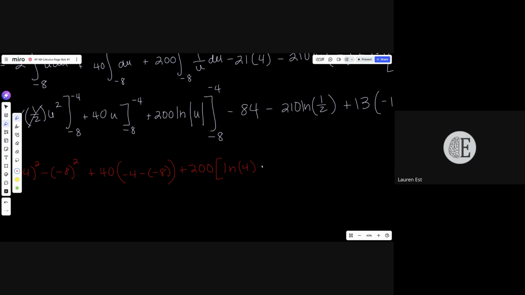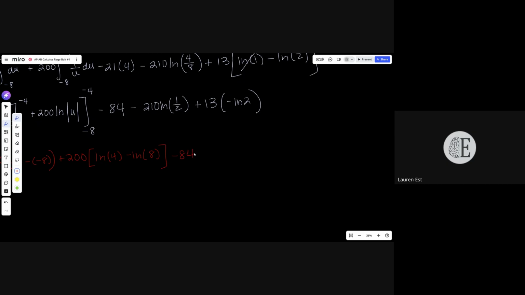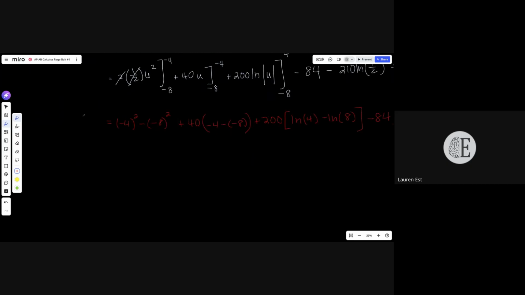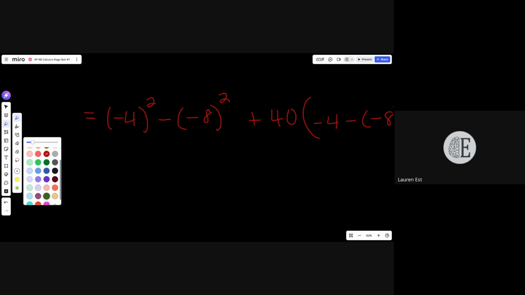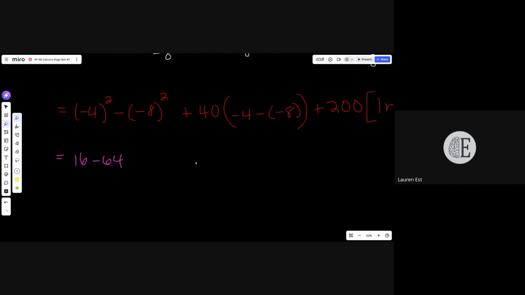So this is going to be ln of 4 minus ln of 8. So it'd be 4 minus 210 ln of 1 minus ln of 2. I'm not kidding. I actually did this. -4 squared is positive 16. This is minus 64. -4 plus 8 is positive 4.